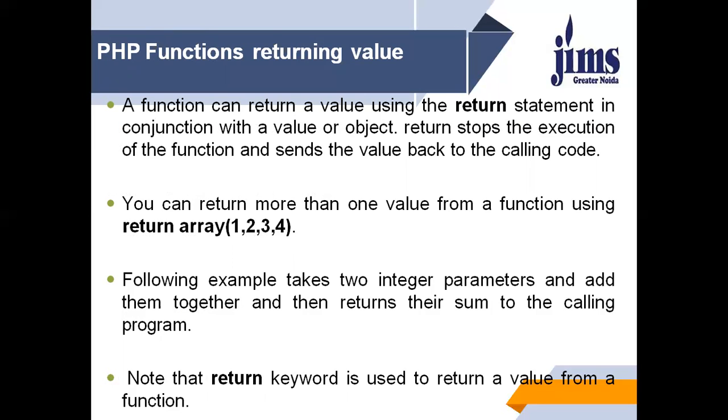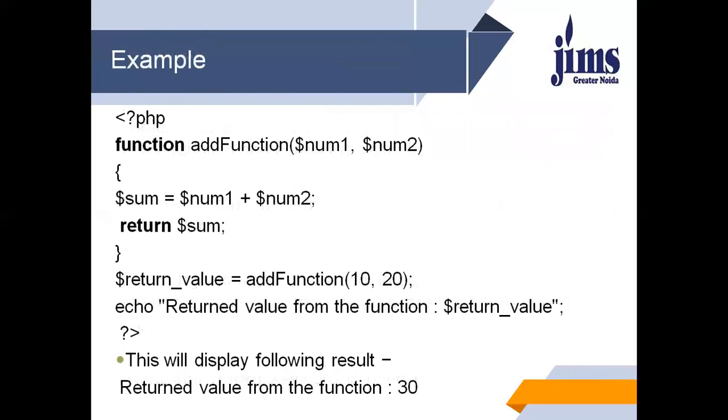So let's see one more example, which takes two integer parameters, adds them, and then returns the sum to the calling program. We will be using the return keyword to return a value from a function. So in the same addFunction, we are passing two parameters, num1 and num2.